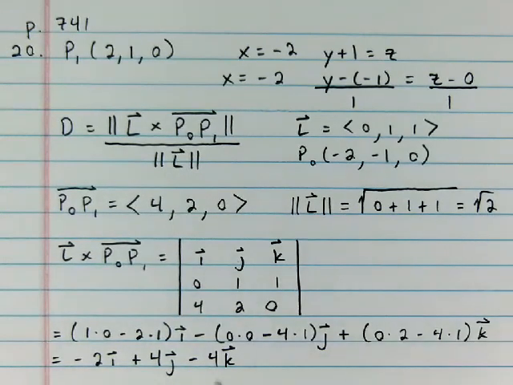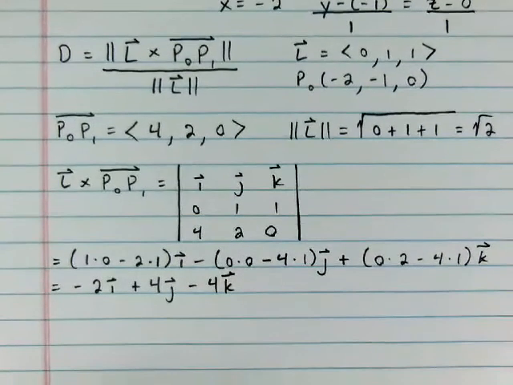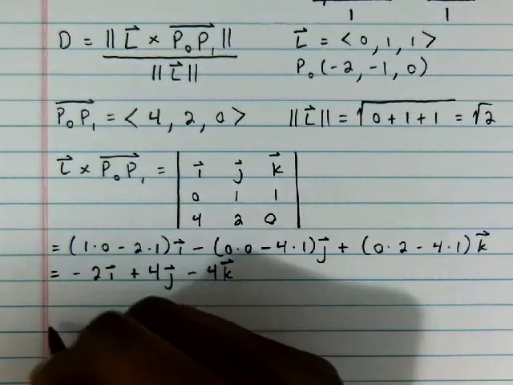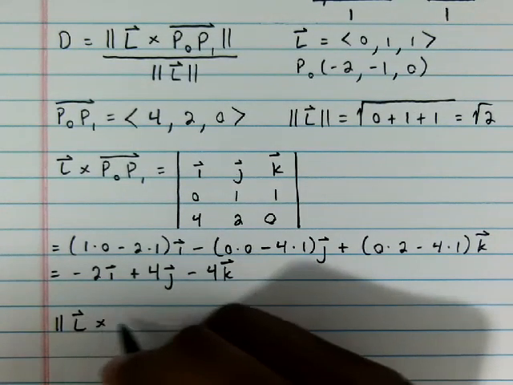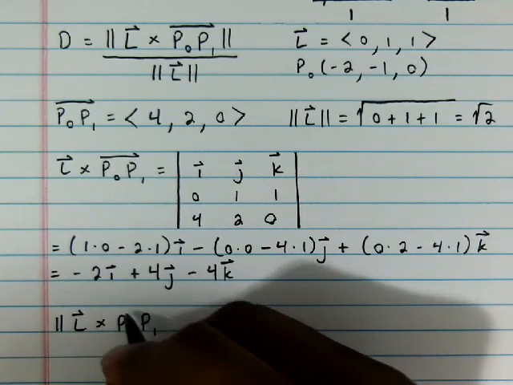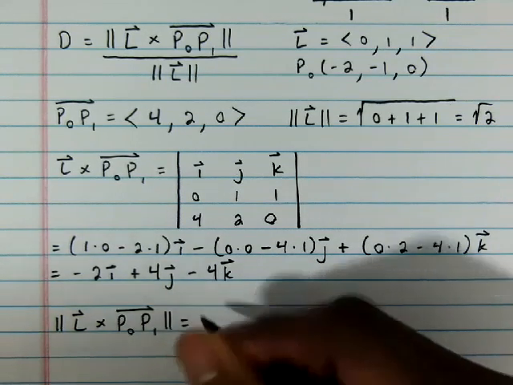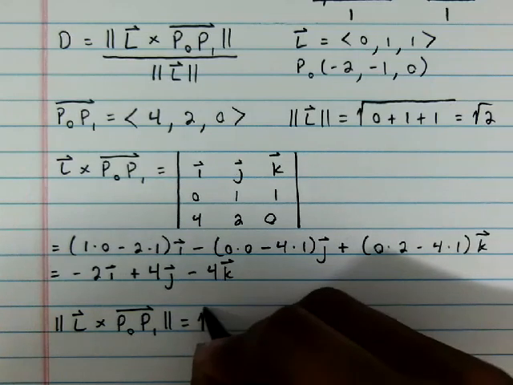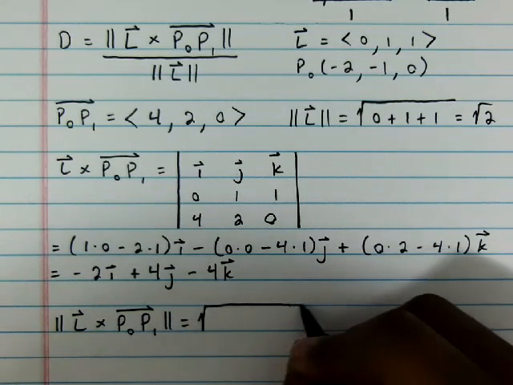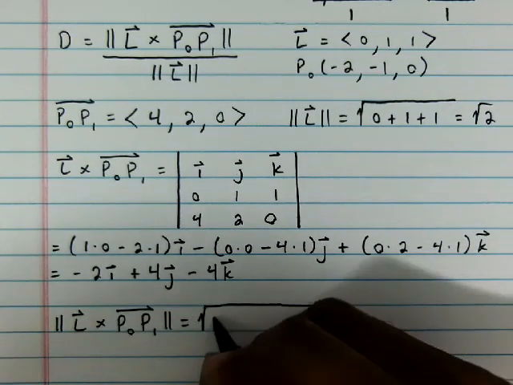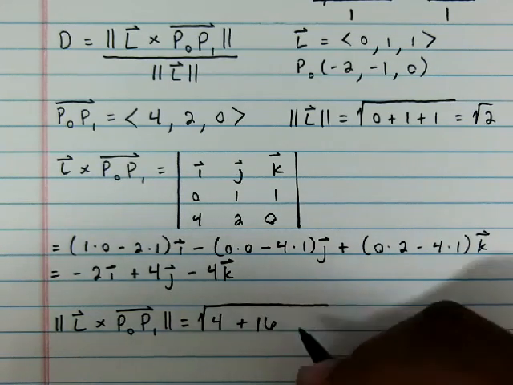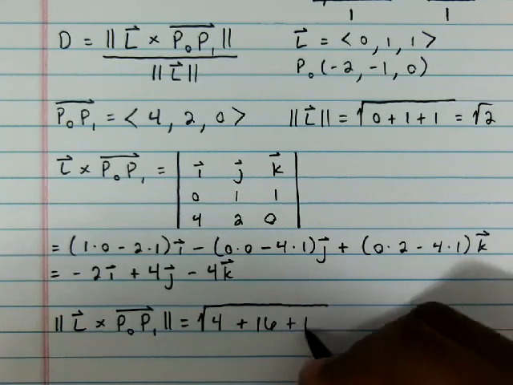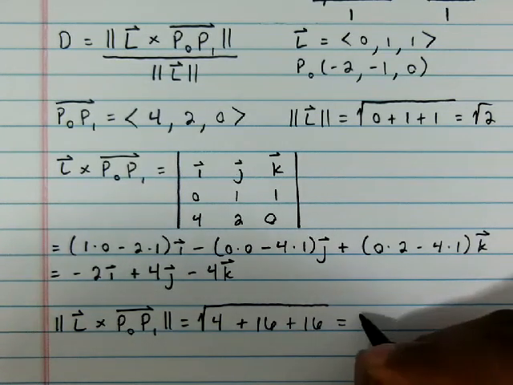So now we need the magnitude of this vector. The magnitude of L cross P naught to P1 is equal to the square root of negative 2 squared, which gives us 4, plus 4 squared, which gives us 16, and plus negative 4 squared, which gives us another 16.